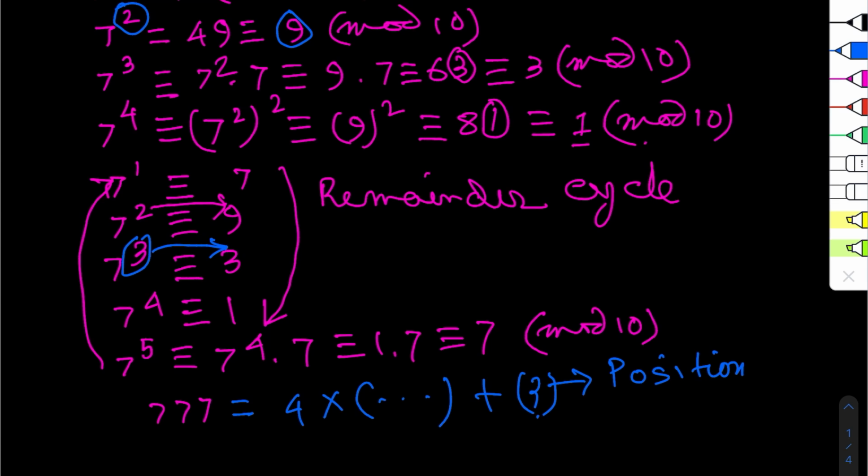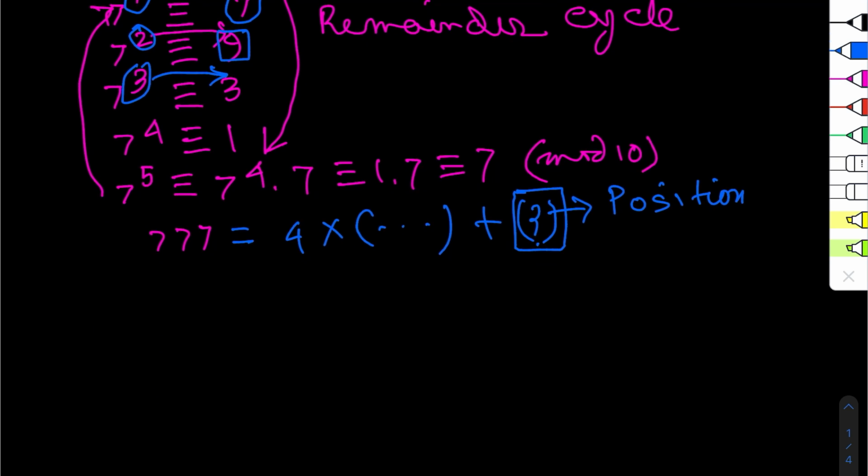If the position is 1, then for 7 to the power 1 we get 7, and if the position is 2, then for 7 to the power 2 we get 9 as the last digit. So now we have to find out only this position. To find out this position, what is to be done?